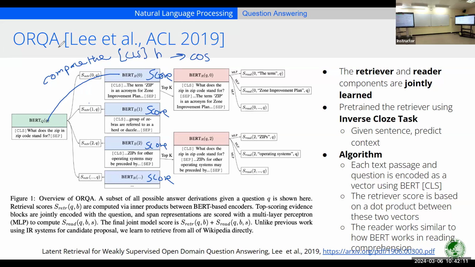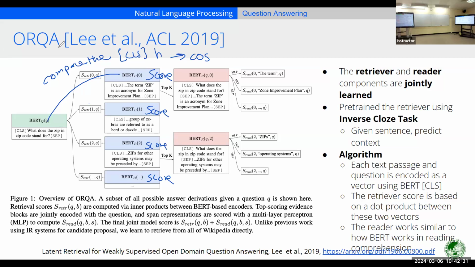But before I even go to the readers, they found that if you simply load the pre-trained model and do this, it doesn't work very well. The cosine similarity is not perfect, simply because maybe BERT never saw this question and passage.